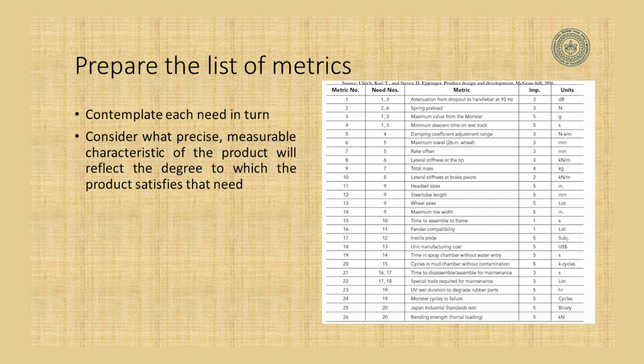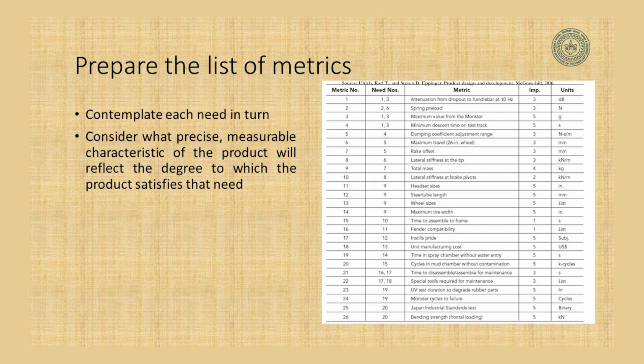So, for high speed descent, the suspension fork will be able to do a minimum descent time of 5 seconds, okay. So, that way you can go down a bumpy track and reduce the vibration. The vibration may be characterized by some decibels of noise, or in terms of force, 5 times 9.81 meter per second square, okay.